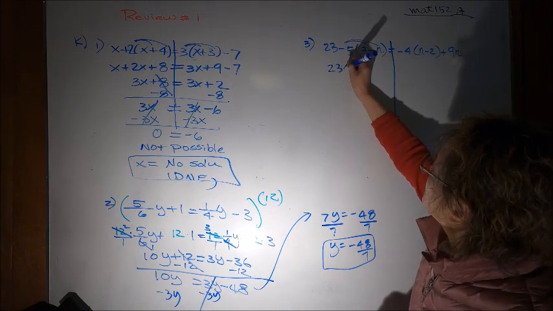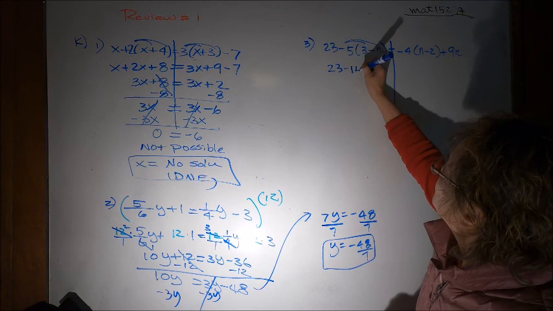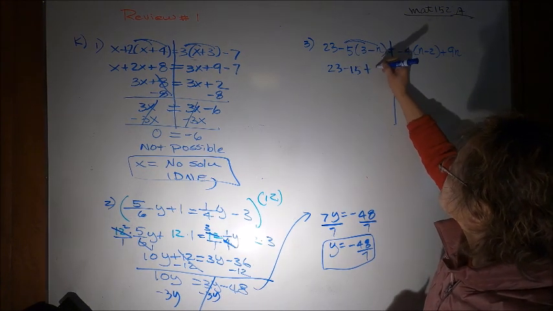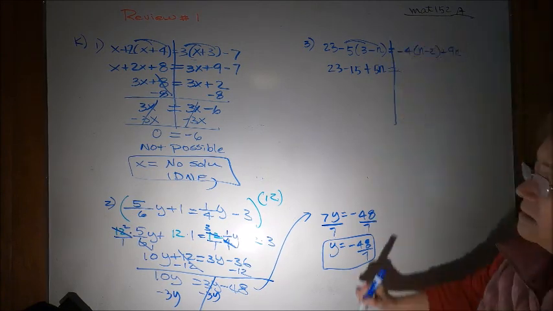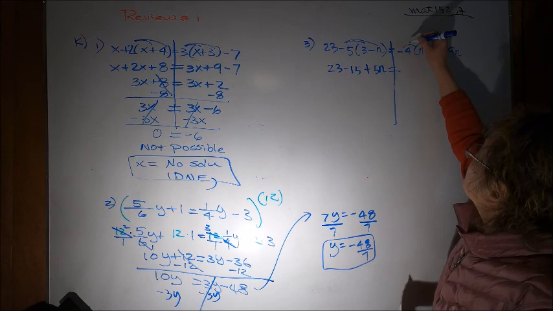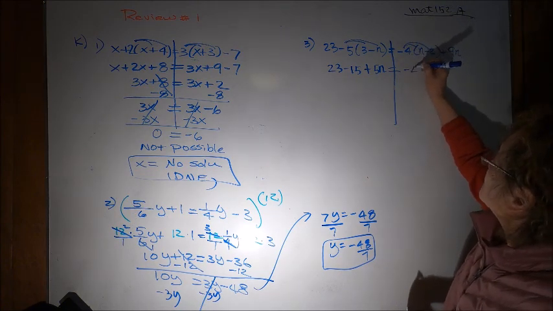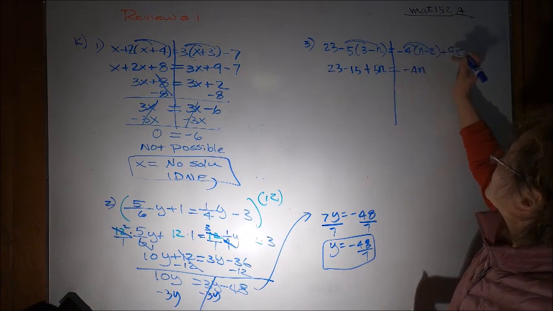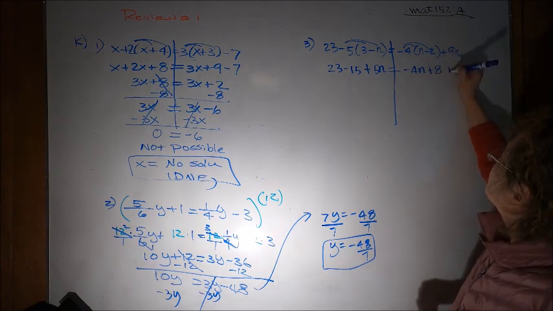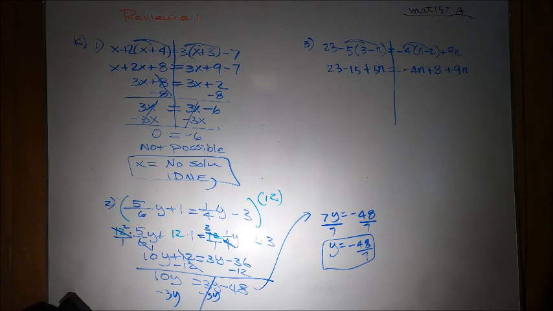So 23 minus what? 15, and negative 5 times negative n become positive 5n, right? And this side, negative 4 and negative 2 multiply together is what? Plus 8 and plus 9n, right?